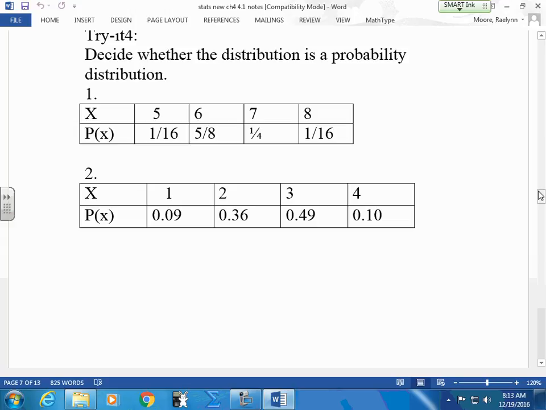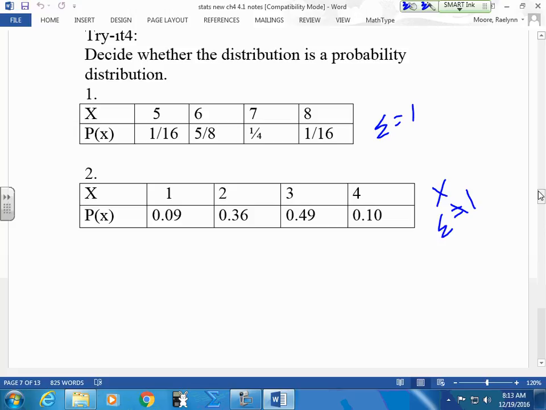The first one adds up to 1? The second one meets all the criteria, but it doesn't add up to 1. Sum is not 1. So we go with this.